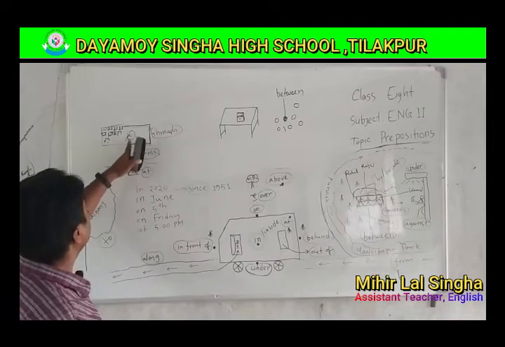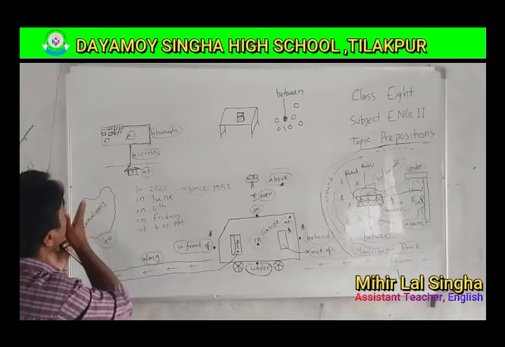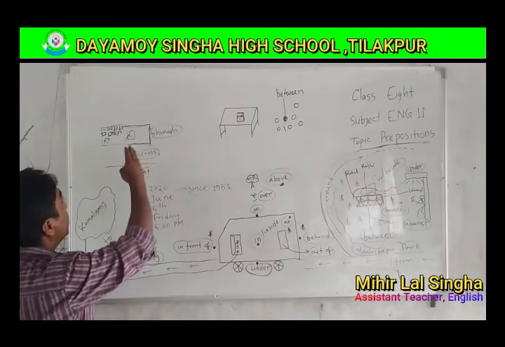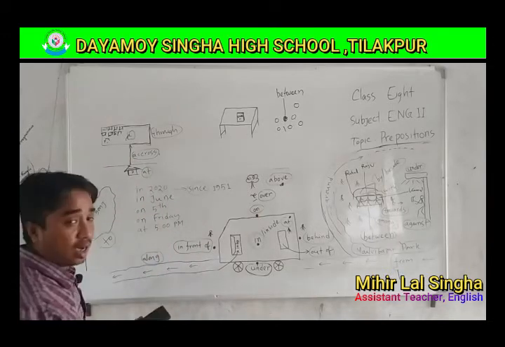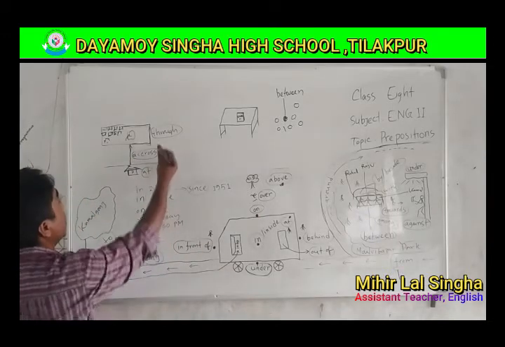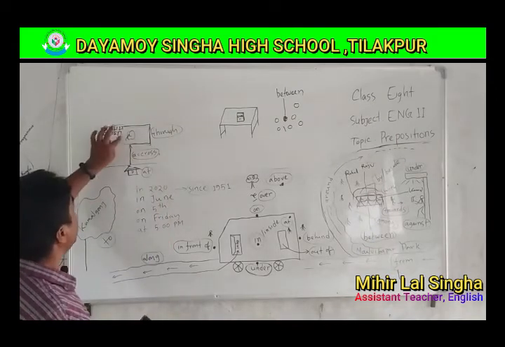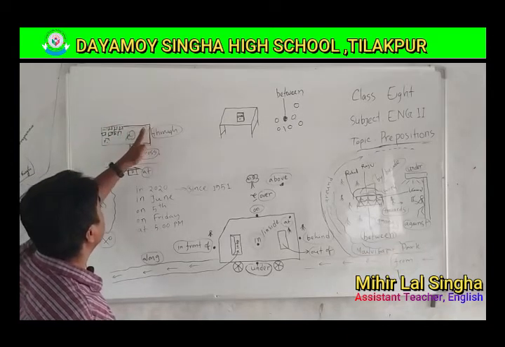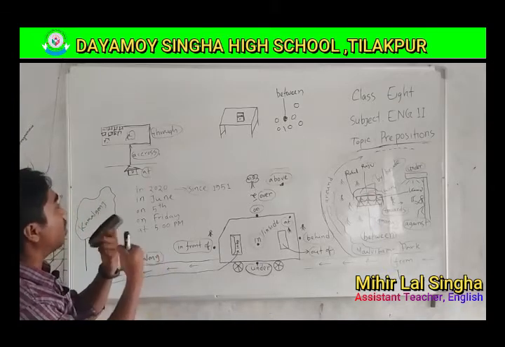So there is a hole on the wall. If someone tries to enter the hole and tries to go beyond the wall, then we can use the preposition through. When he wants to cross the wall, go through that, there is a certain obstacle.